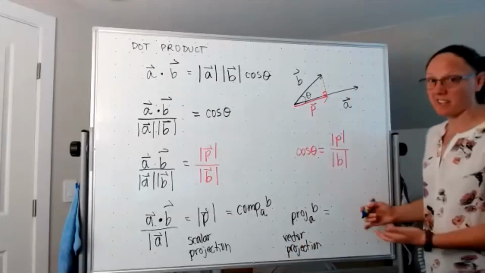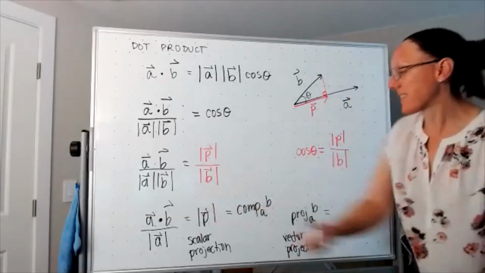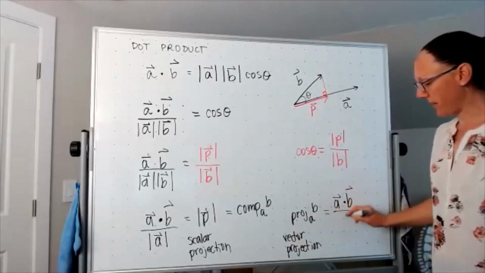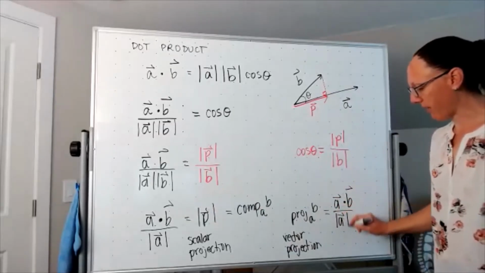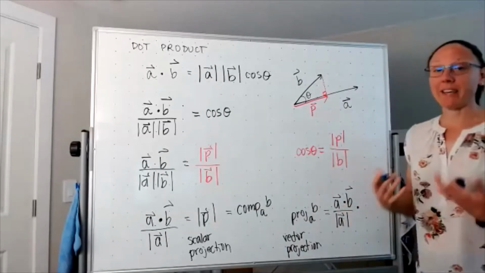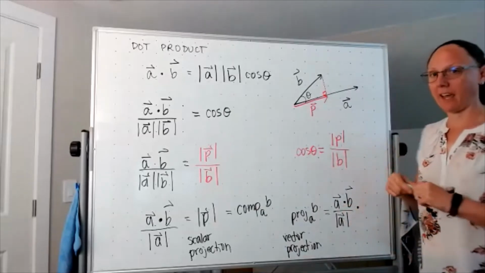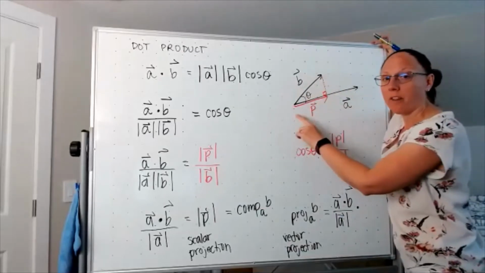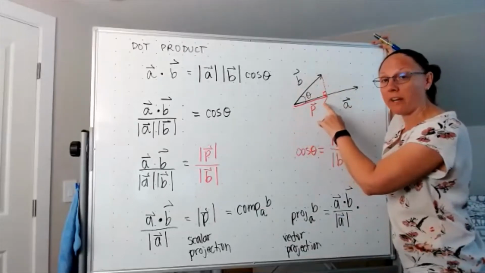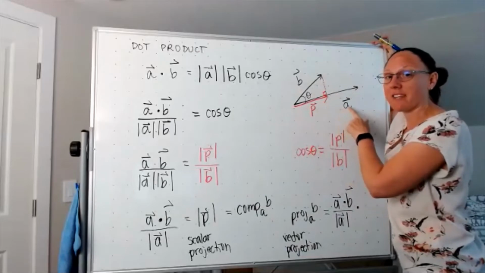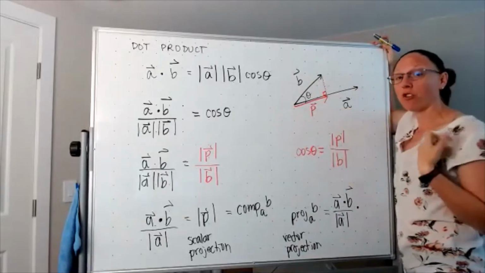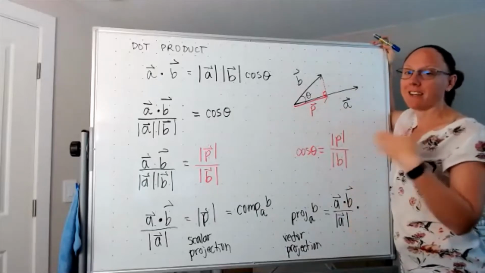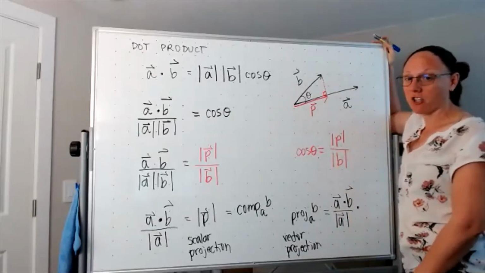And when we do this, we take that scalar component we just found, so A dotted with B divided by the length of A. And then we give it a direction by saying, well, if I look at this picture, we wanted the projection to be pointed in exactly the same direction as A. And if I want to know the direction of A, I multiply by the unit vector of A. That's what's going to give us that same direction.